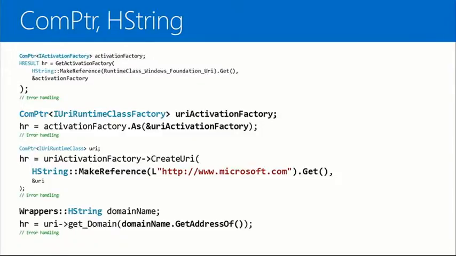HString is an abstraction that hides a lot of things. At the ABI level, string is a handle. It's reference counted, there are certain requirements for it, but it's a handle. And HString is the smart pointer wrapper for HSTRING in WRL.